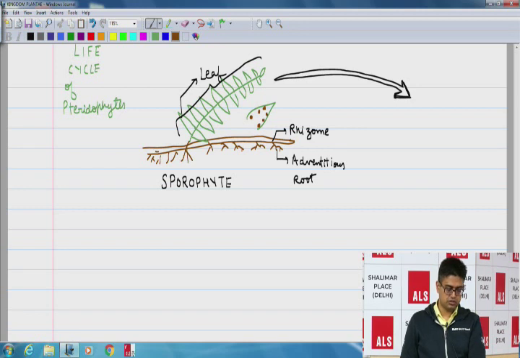They divide by meiosis to give rise to spores. So basically this is a sorus.